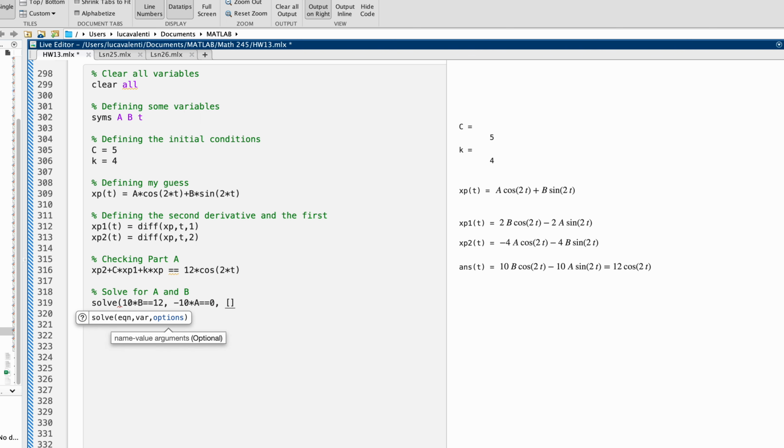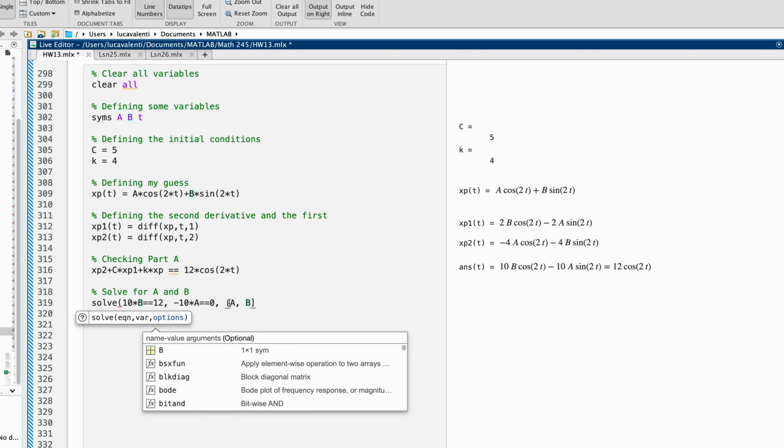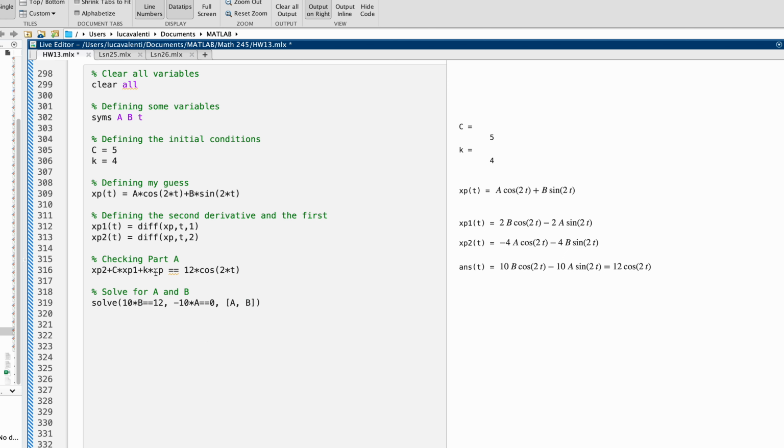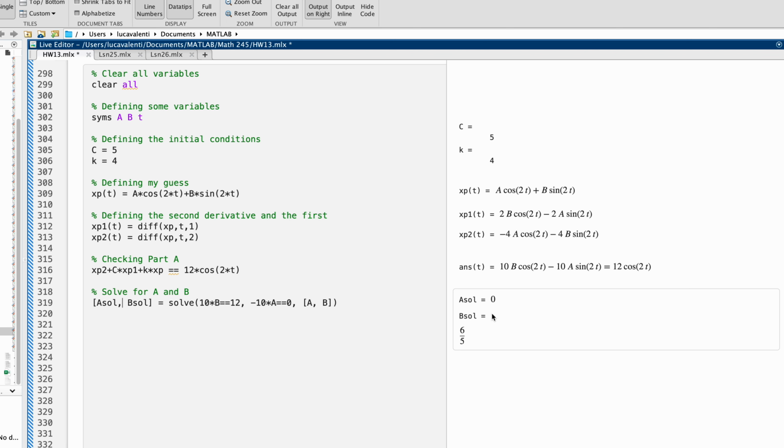We want to solve for a and b. So we really don't even need the solver. We can look at it by hand. And we want this to be a_sol, b_sol. Press Control Enter. We want to actually put a comma in there, okay, it actually worked out anyway. Okay, so these are our two things.